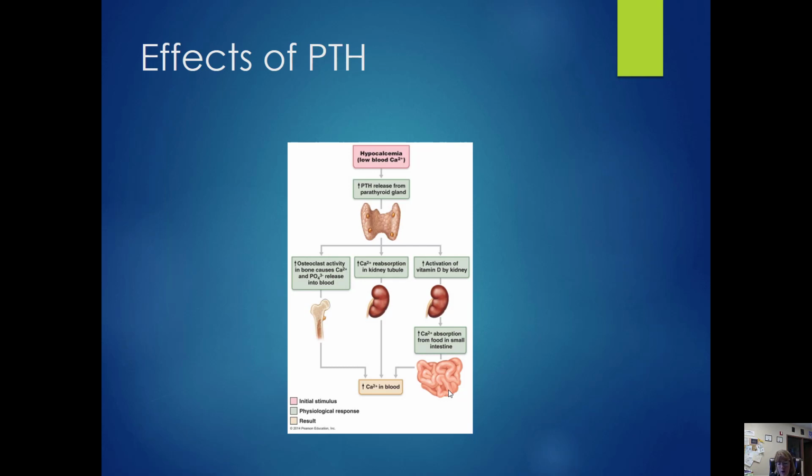And without the 1,25 dihydroxy D3, which is hard to say, the calcium can't be reabsorbed. In its absence, like in rickets, for example, without the vitamin D, the calcium doesn't get reabsorbed. You can have all the calcium in the world, it's not going to be reabsorbed.